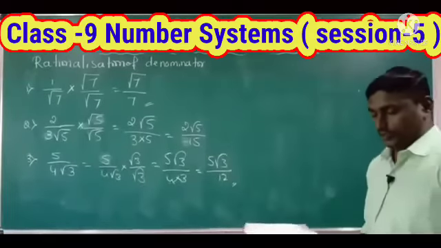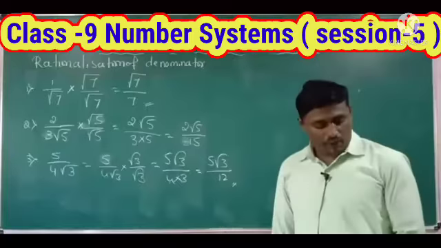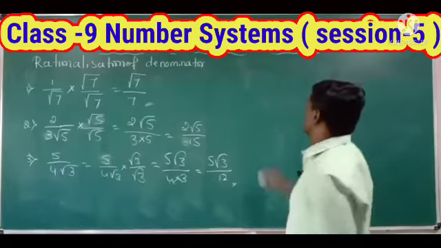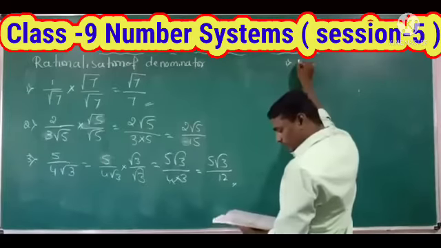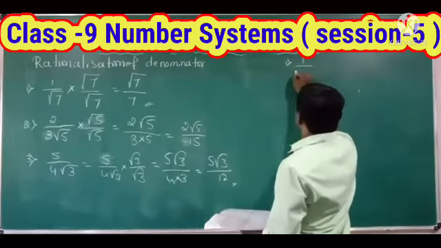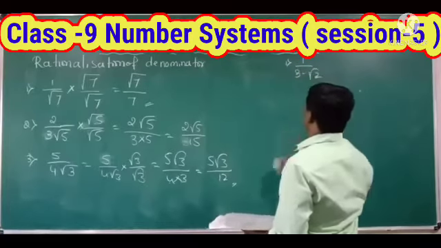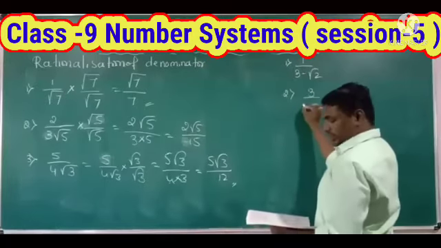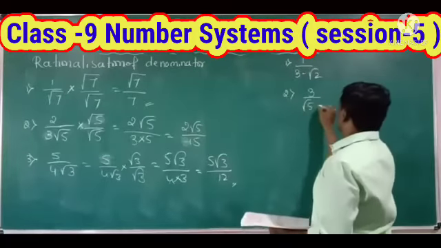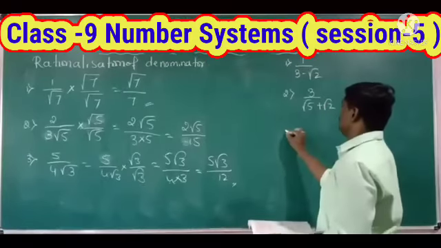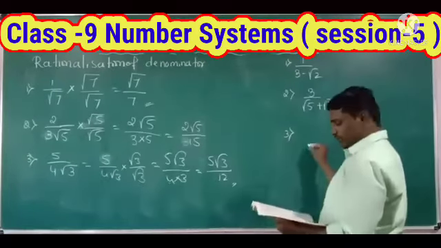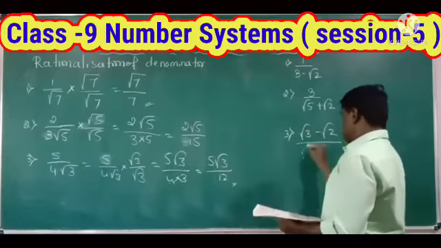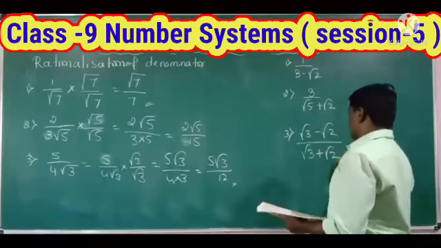Next question. Simplify each of the following by rationalizing denominators. First one, 1 by 3 minus root 2. Second one, 3 by root 5 plus root 2. Third one, root 3 minus root 2 divided by root 3 plus root 2.